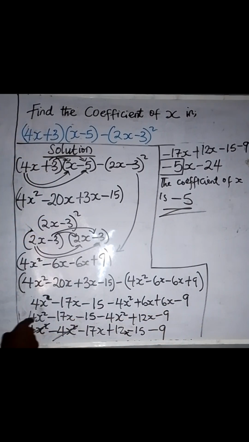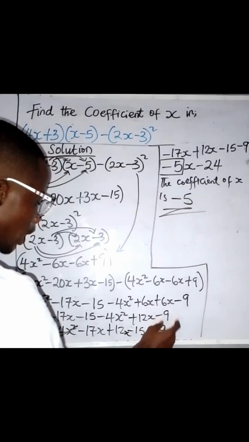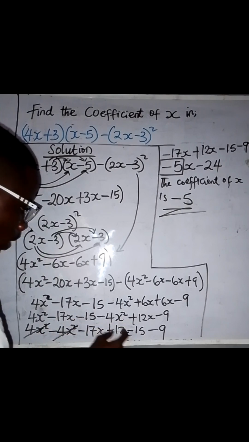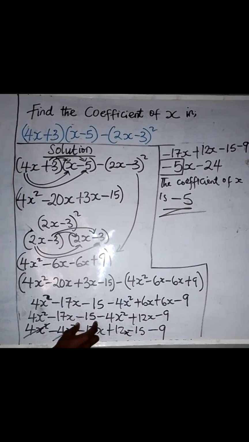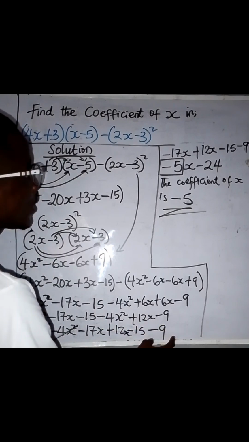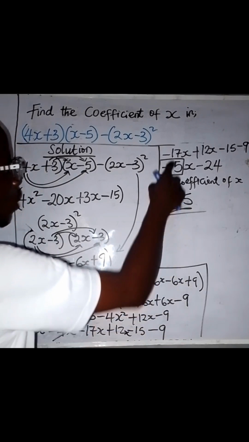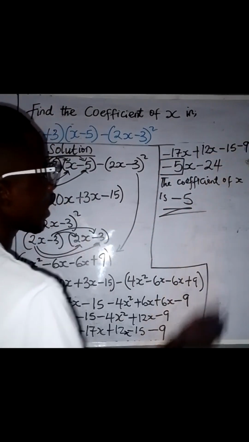After collecting my like terms, I have 4x squared minus 17x minus 15 minus 4x squared plus 12x minus 9. So in collection of like terms, 4x squared and minus 4x squared cancel. Then I'm left with minus 17x, then plus 12x, then my minus 15 and my minus 9. So after cancelling, I'm left with minus 17x plus 12x minus 15 minus 9.